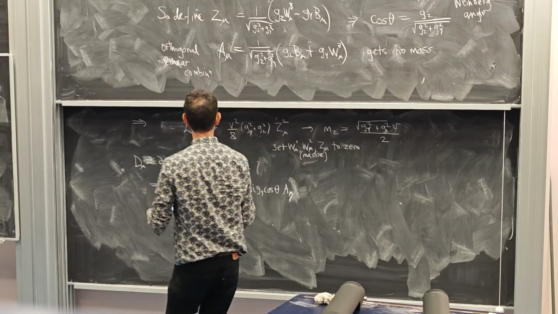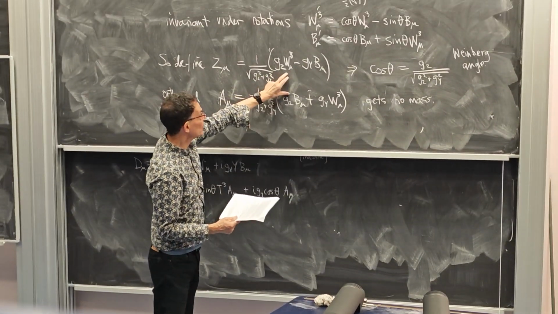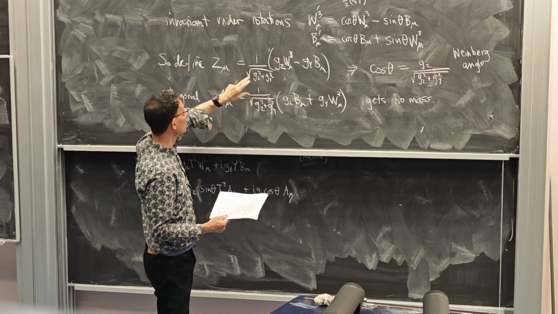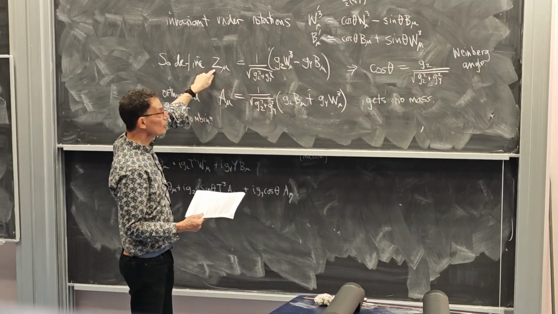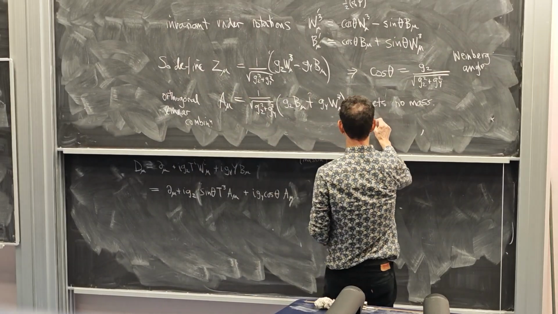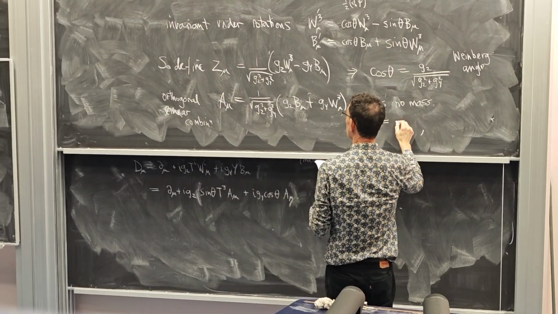Okay, so how did I get that? I look at these formulae. These formulae allow me to express W mu 3 and B mu in terms of Z and A mu. Let's forget about the mu index.